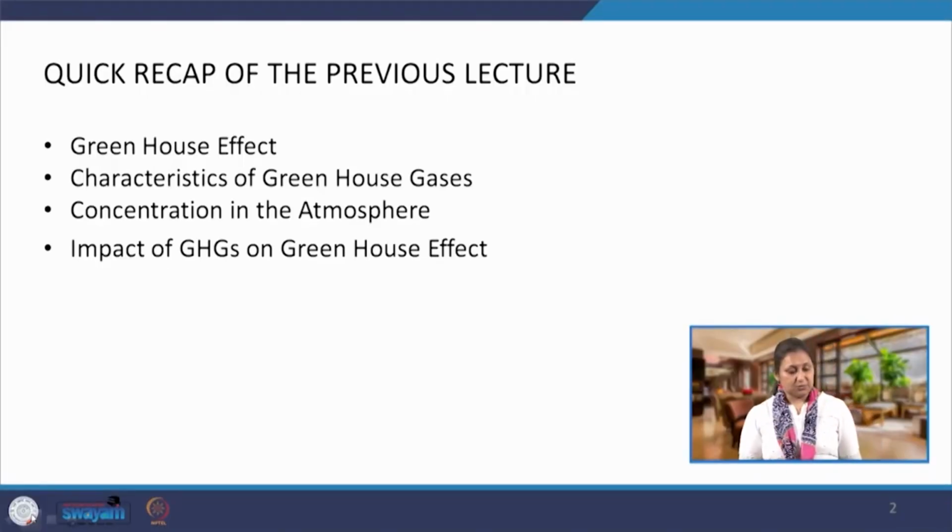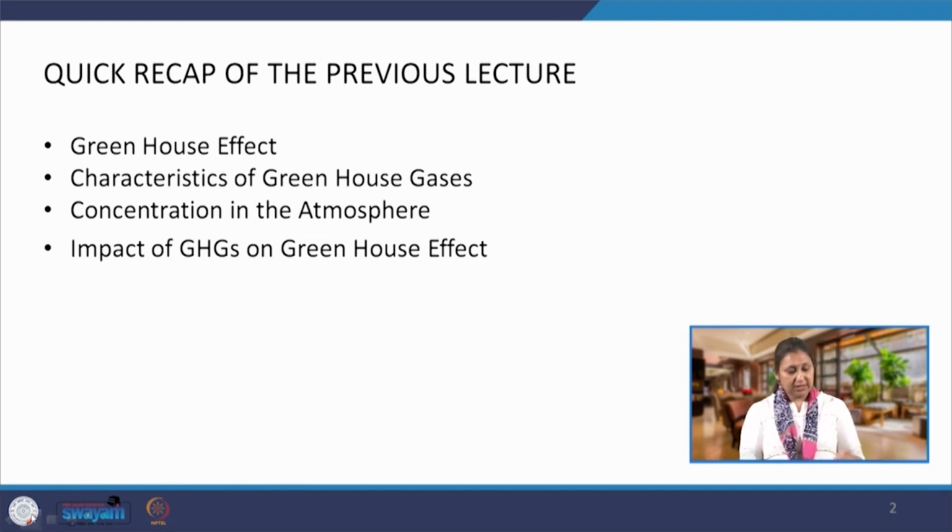In the previous lecture, the fourth lecture of this week, we had understood what the greenhouse gas effect is. We understood the characteristics of greenhouse gases, their concentrations in the atmosphere and their impacts on the greenhouse gas effect. And there we clearly saw a direction emerging for what we need to do if we have to reduce the greenhouse gas emissions.